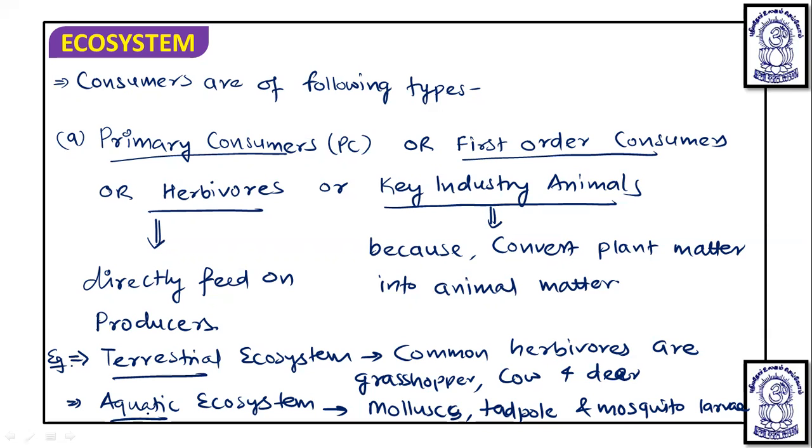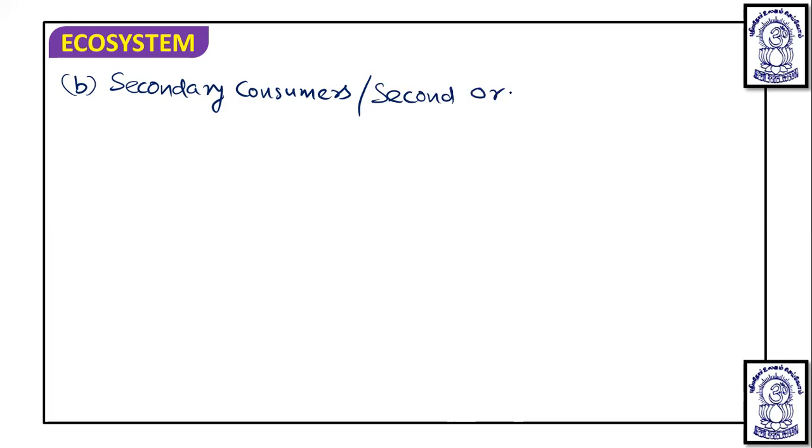Now on the primary consumers, the secondary consumers are dependent. So the second type of consumers are the secondary consumers, or second order consumers, or primary carnivores.